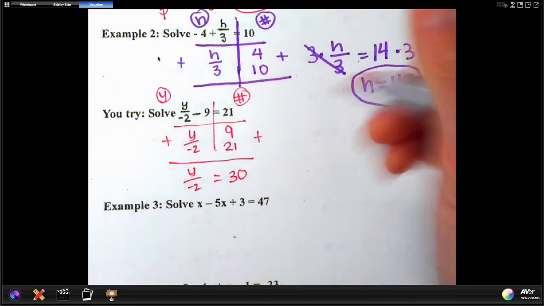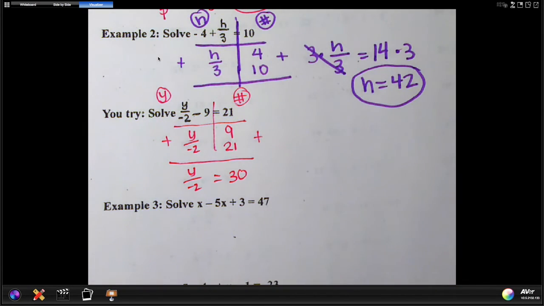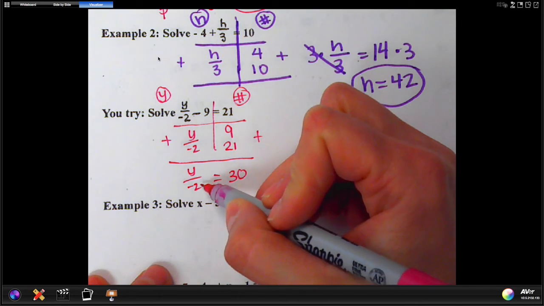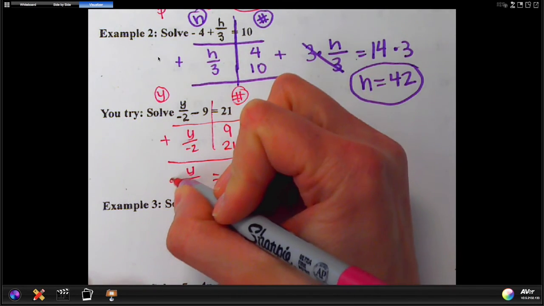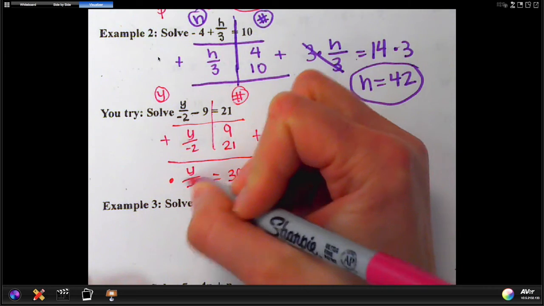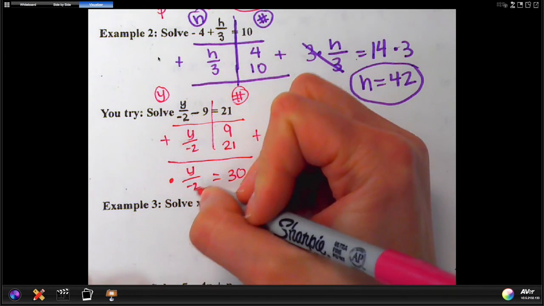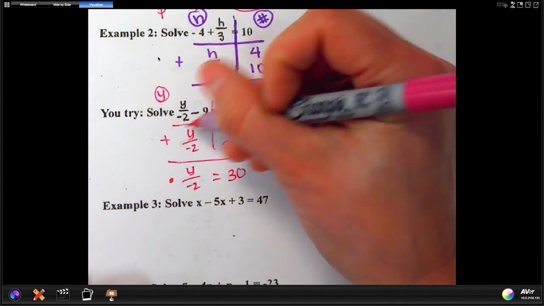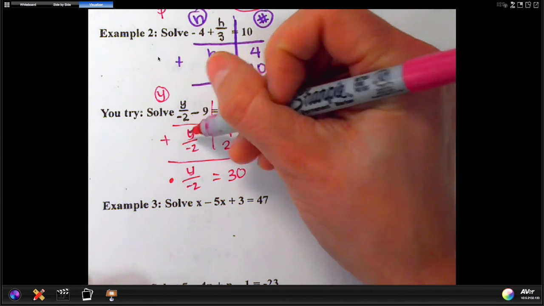And so now, again, we're to that last step where we have to decide, do I multiply or do I divide to undo what's there? Well, in this case, y divided by negative 2, I have to multiply to undo that. Well, we're not going to multiply by the opposite of negative 2, though, because we deal with all our positives and negatives in the category section when we've done it up here.